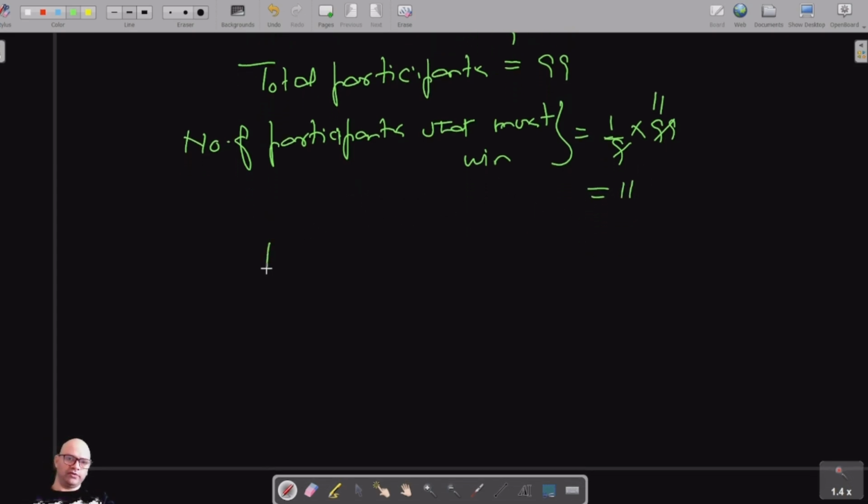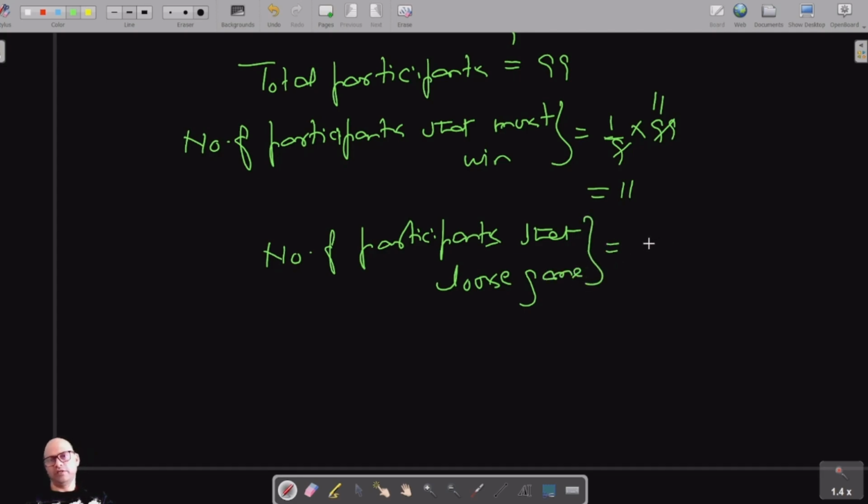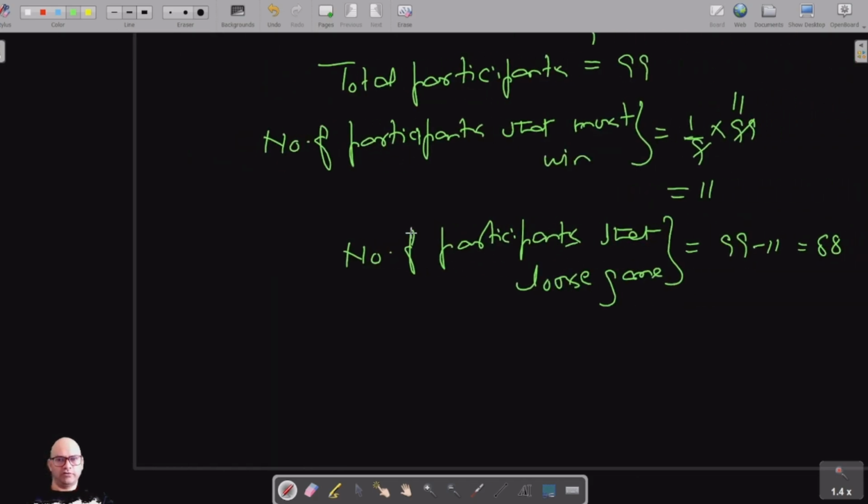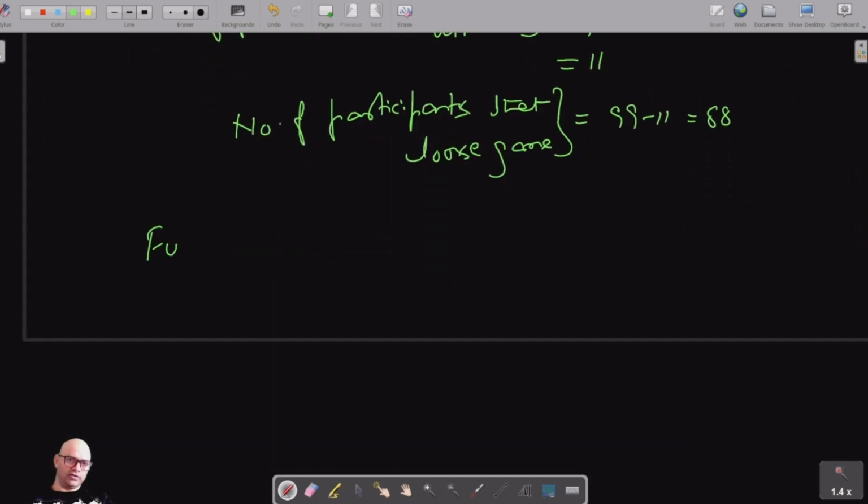So 11 participants win. Now the number of participants that lose the game will be 99 minus 11, which is 88. Now the funds collected by the school.